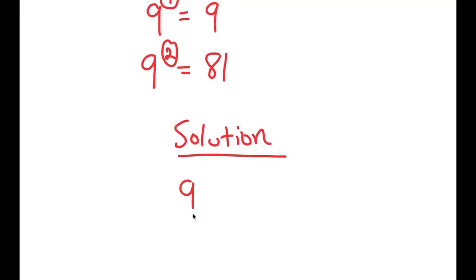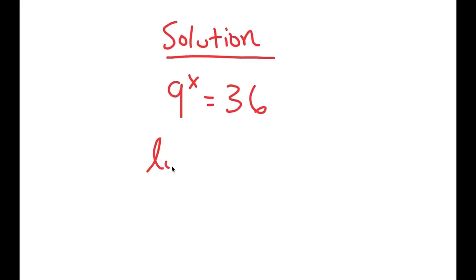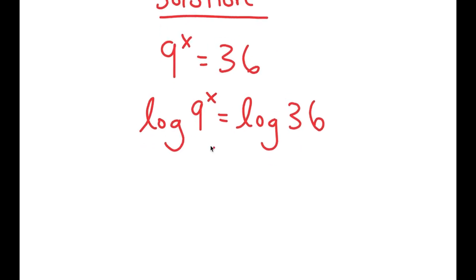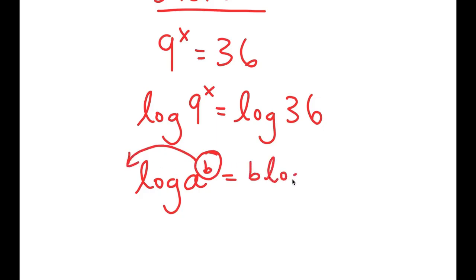So to do that, what I'm first going to do is take the log on both sides. So I get log 9 to the power of x is equal to log 36. The reason I used logarithms for this is because they have a special property that states that if I have something in the form log a to the power of b, I can move this exponent b to the front, so this turns into b times log a.